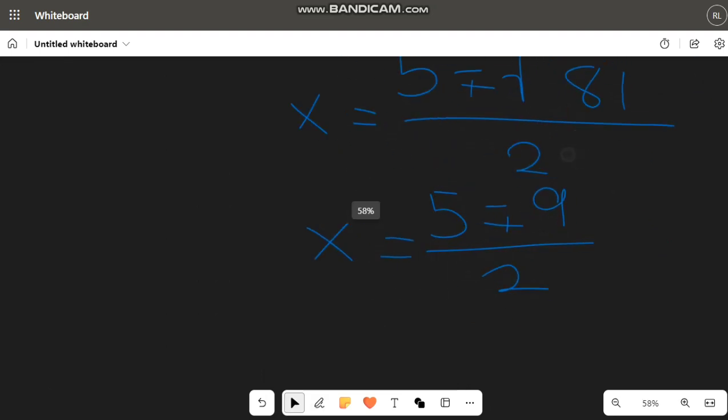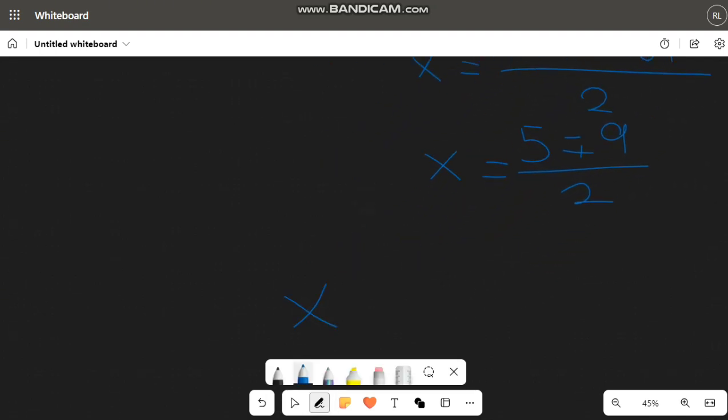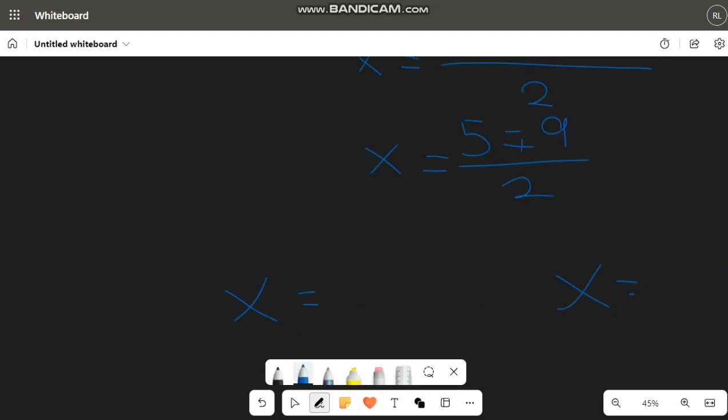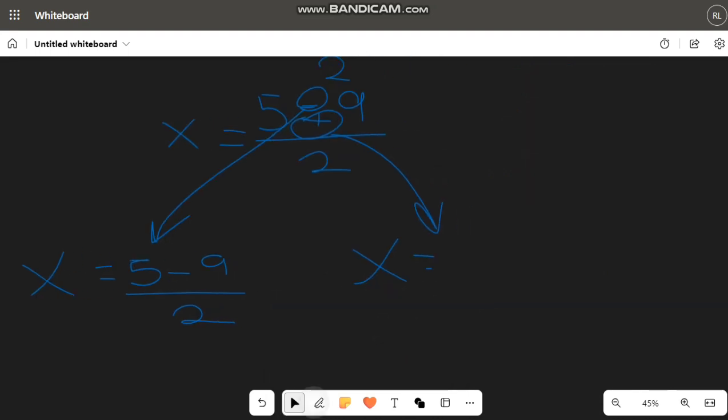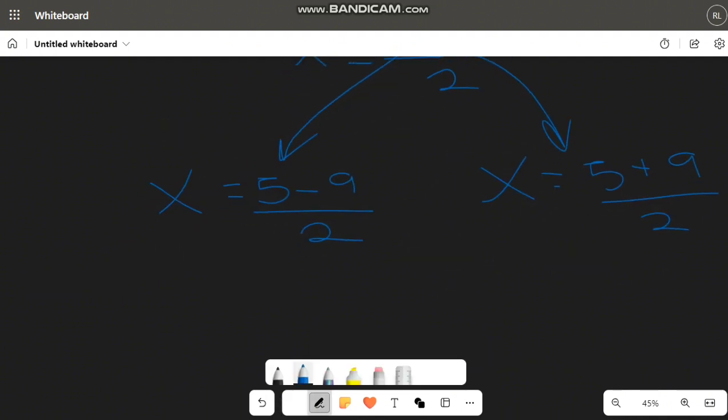And again, as we said last time, we're gonna make 2 x's, x1 and x2. We're gonna take the first one as minus, second one as plus. So 5 minus 9 over 2 and 5 plus 9 over 2. 5 minus 9 over 2 equals negative 4 over 2, which would equal negative 2.